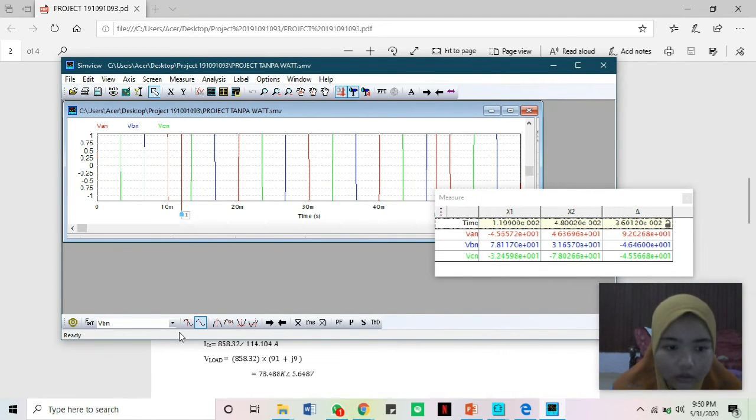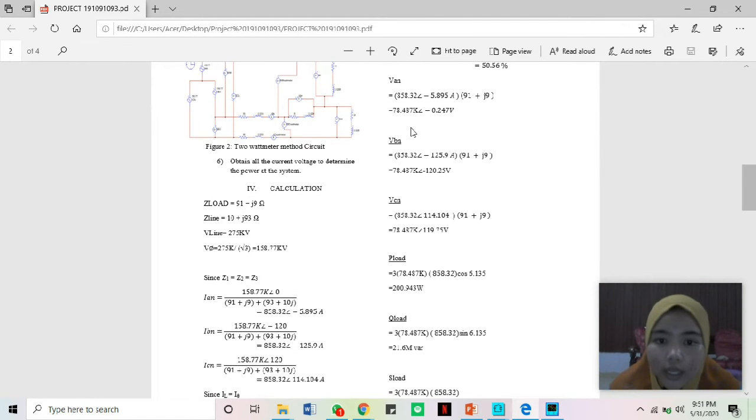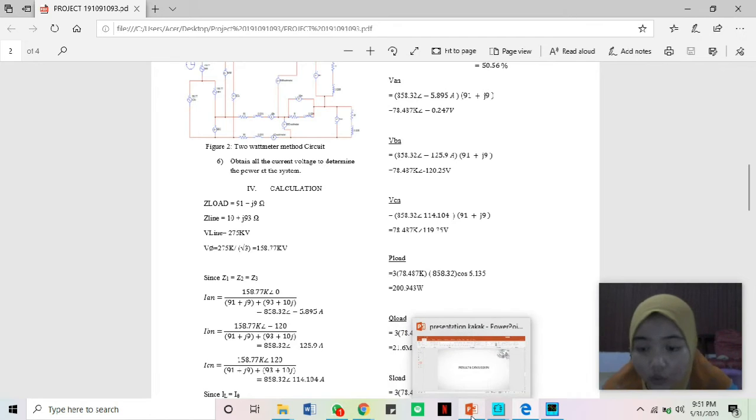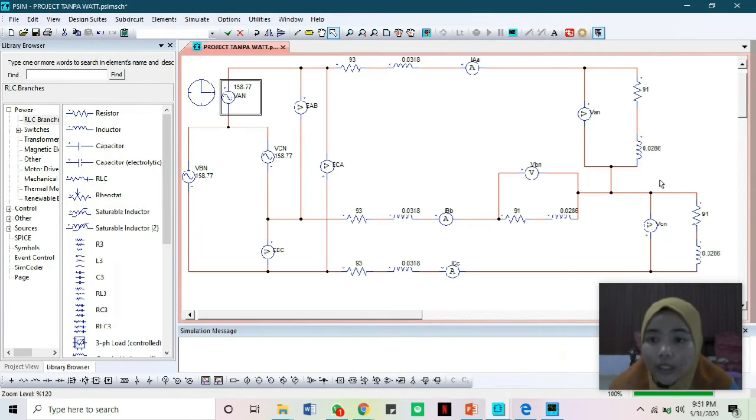So for VAN we will get 7.88487, as I calculated, which is also the same. 78.487. The phase load voltage will be the same because the impedance is the same.